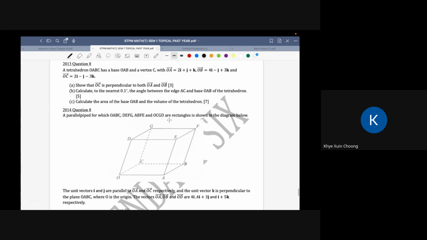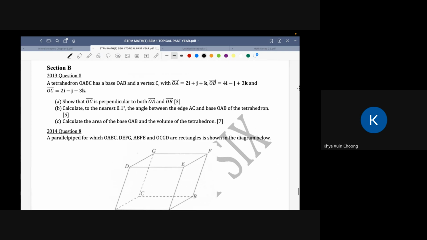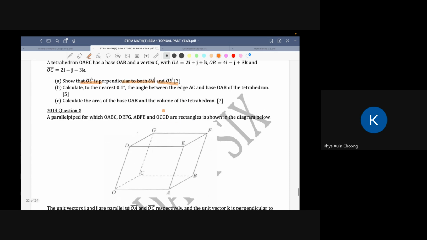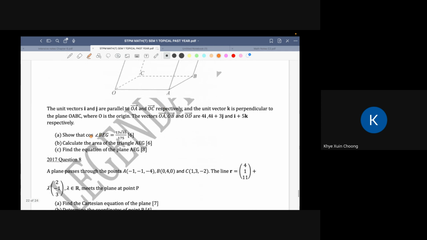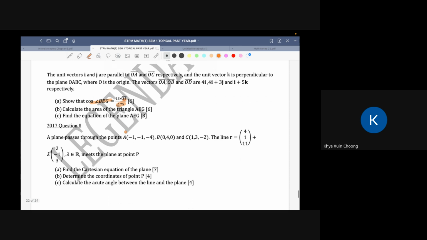Of course, the trick is like this. Most of the time we couldn't manage to do all of the questions, but we can target the parts that we can do. Show that this is perpendicular to both of these: we can do that, we just use the dot product. Show that this angle equals this: we can do.